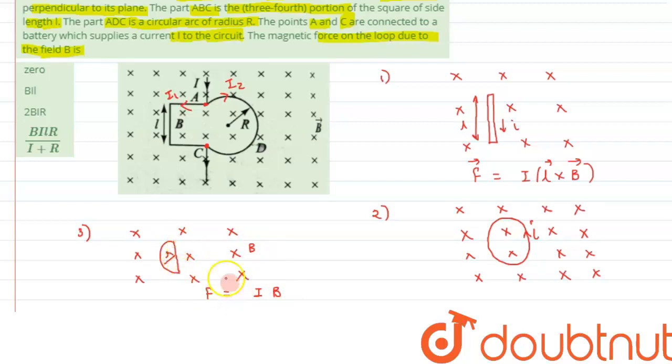We have to take the length as the distance between the 2 points, that is 2r. So these are 3 different cases. Now we will try to answer this question.